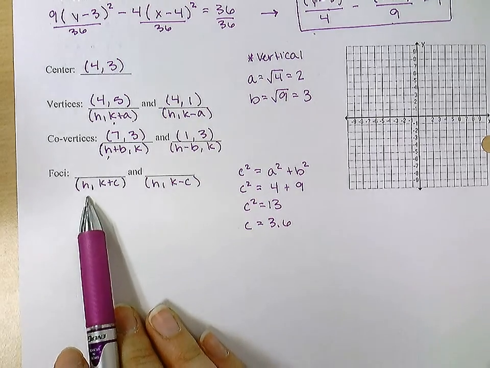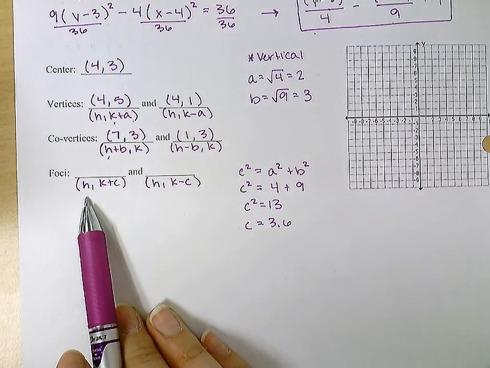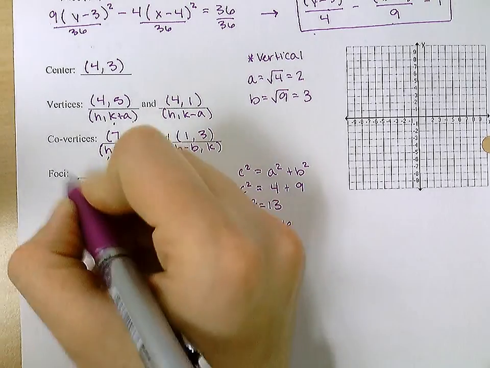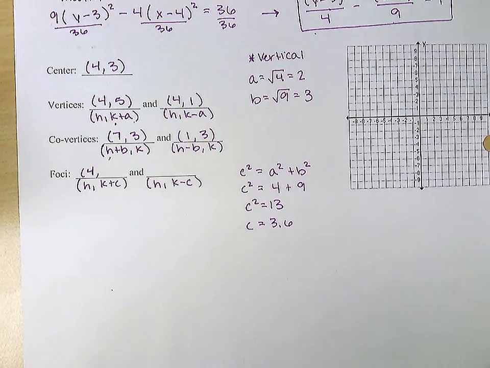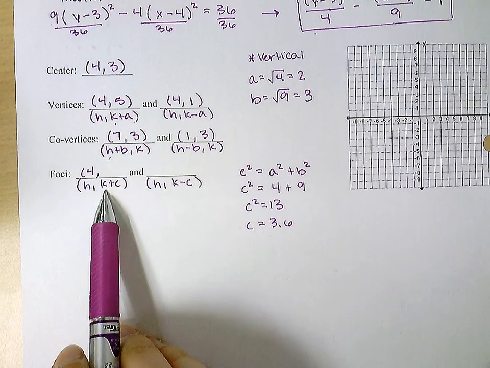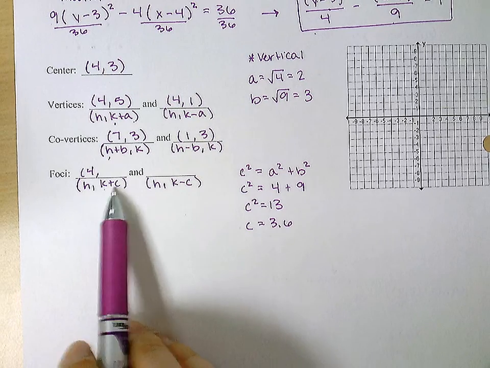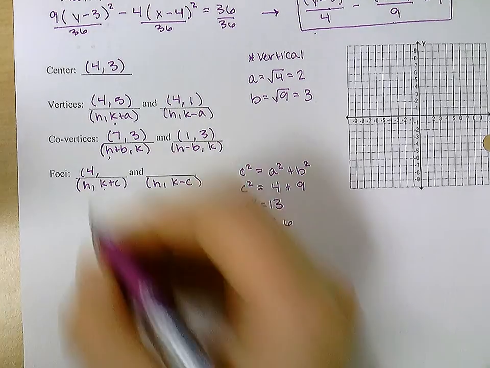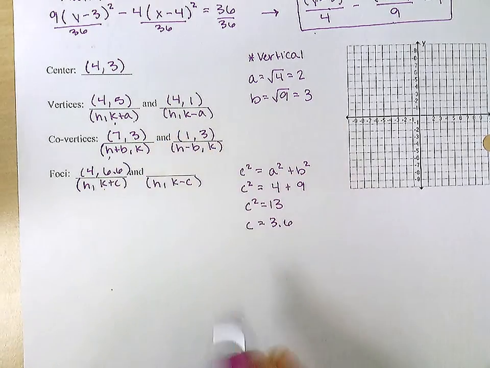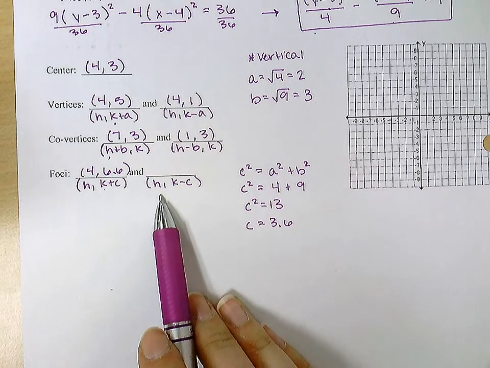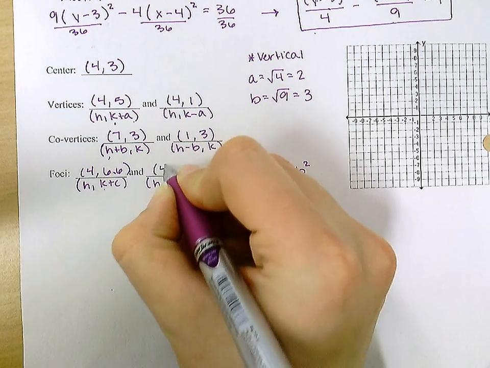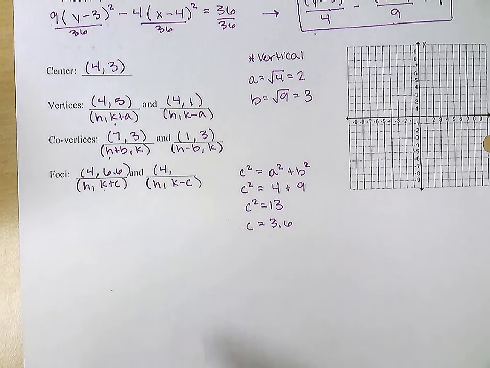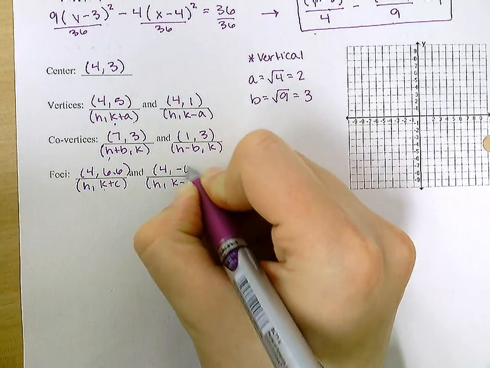Then we just plug those values in to find these coordinates. So h is at 4. Then we'll take k, which is at 3, plus c, so 3 plus 3.6 is 6.6. And then our second foci point, again, h is still at 4. We'll take k, which is 3 minus 3.6. So we have negative 0.6.